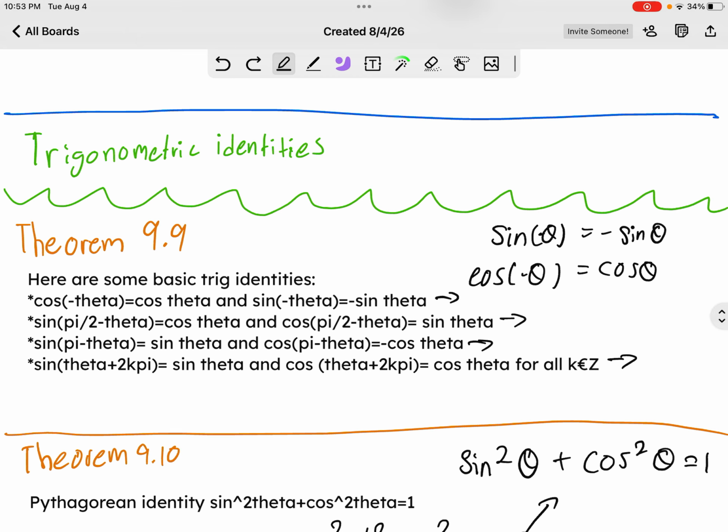Okay. So for the next one, it's just going to be sine of pi over 2 minus theta. This will be cosine, and for the cosine, I'll just write it over here.